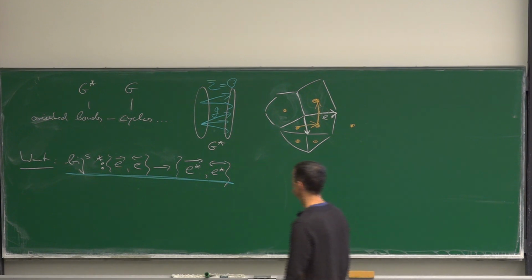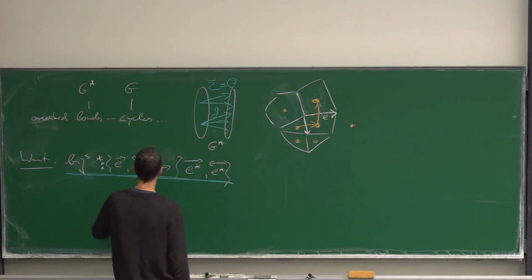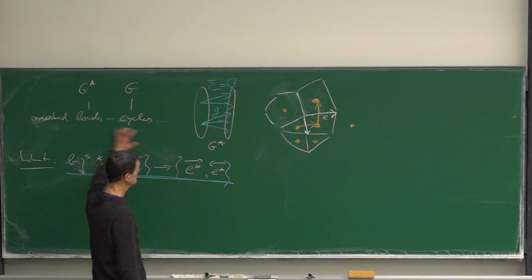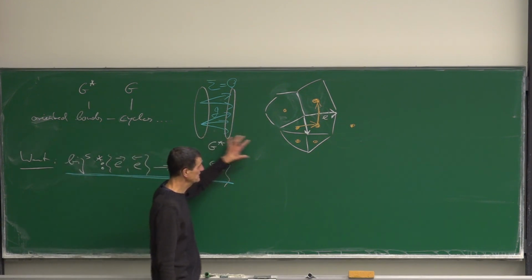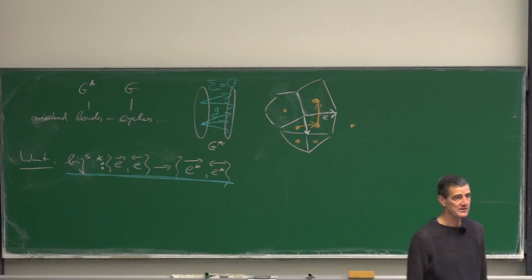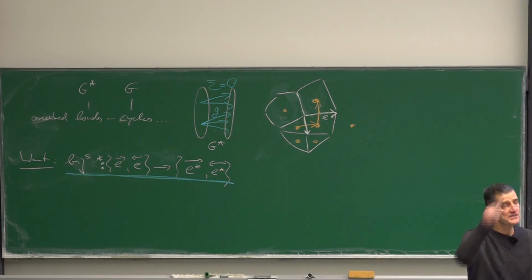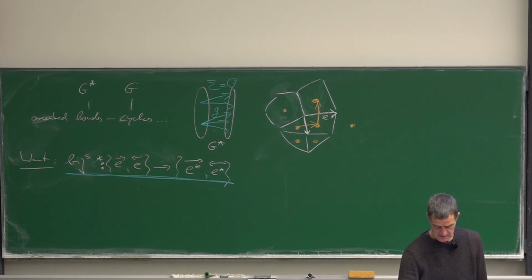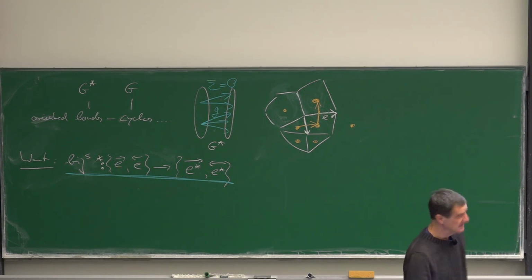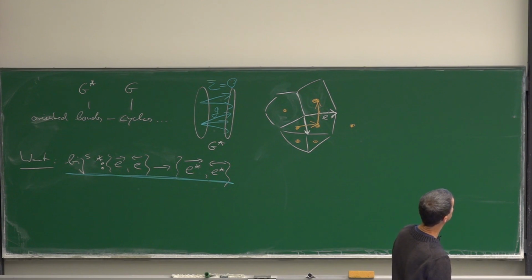namely that the bonds of G star will now correspond to oriented cycles where the orientation of the cycle is really rounded one way or really rounded the other way. And that is the next lemma, the first lemma.